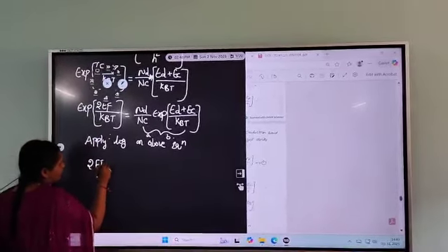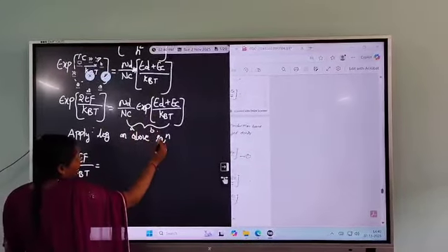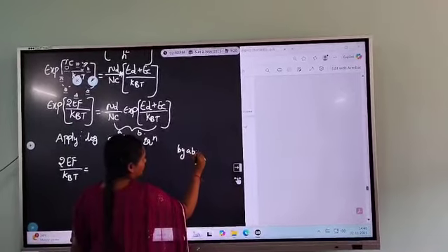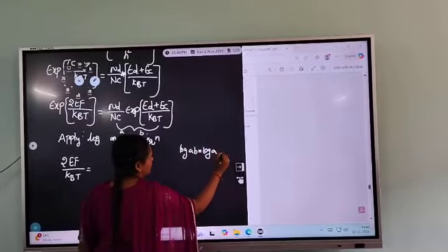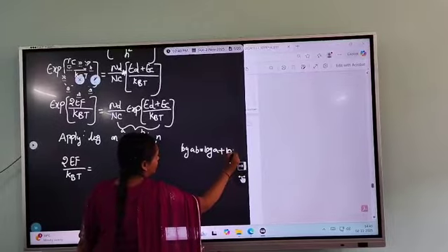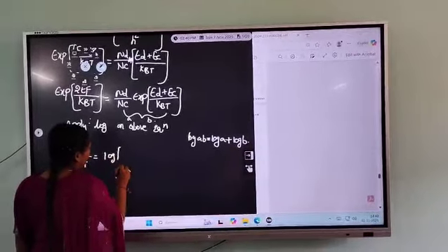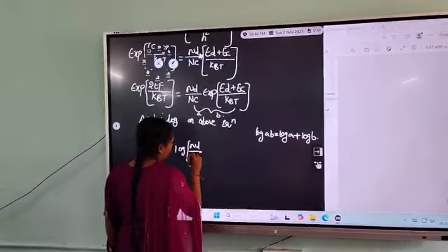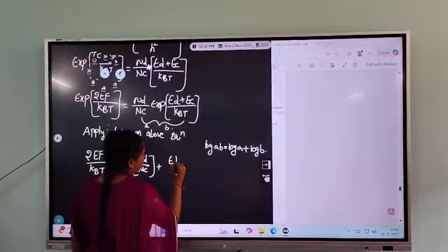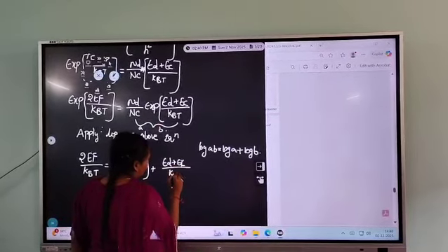Next, 2Ef by kBT is equal to log AB, which is log A plus log B: log of Nd by Nc plus, since log and exponential cancel, Ed plus Ec by kBT.